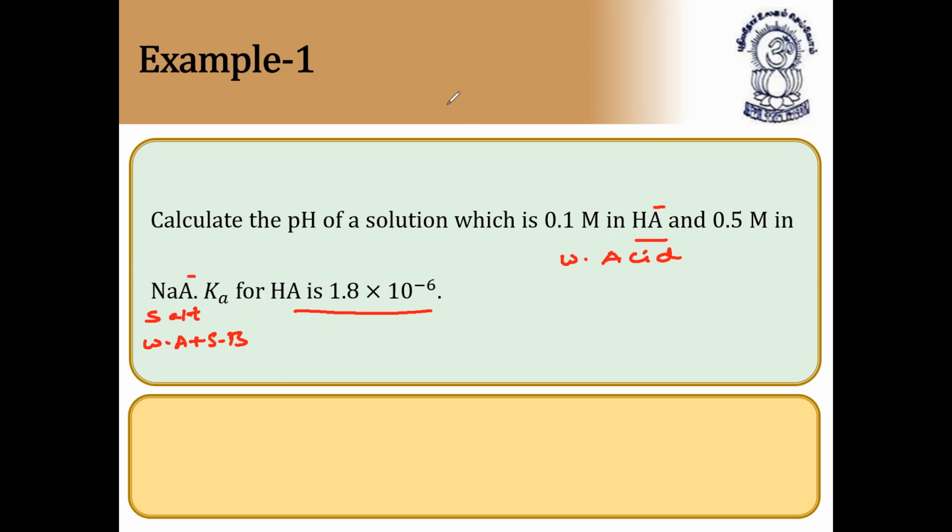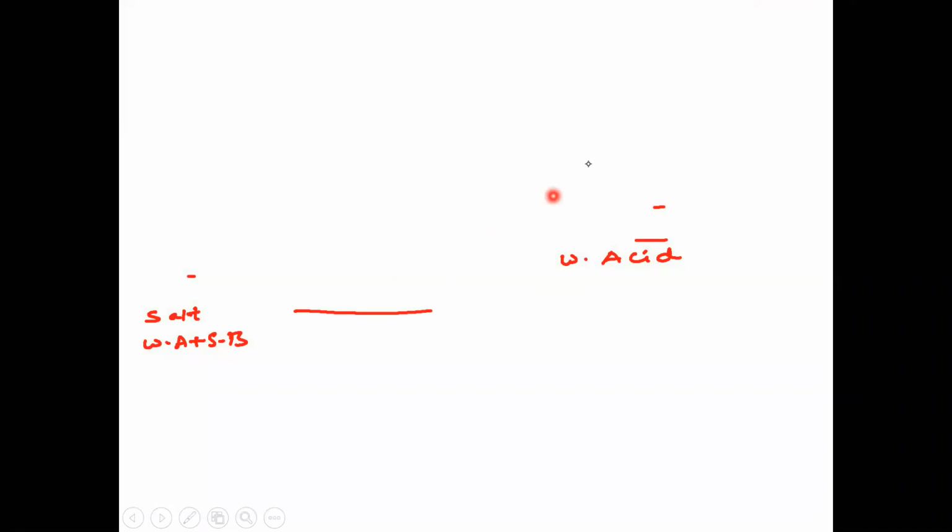Straight away we have to substitute the pH value. I'll write this on a separate page because it's a very lengthy calculation. So please try to understand. Solution I'm doing for example 1. Solution.